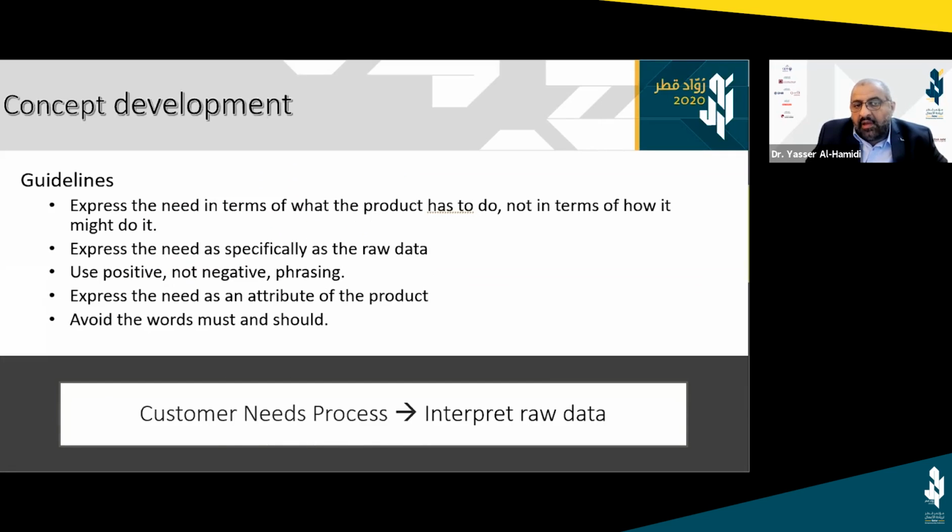Okay, now we collected all of the raw data. We need to interpret this data. So usually the best way to express customer needs is to have them written as need statements.